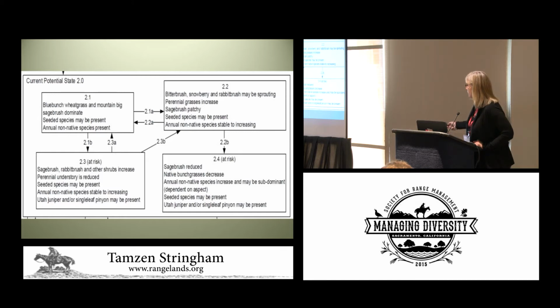So we put in this one here that we call the 2.4 phase, because we were on that site. The native bunch grasses were there, but the annual non-native species were subdominant, but there was a lot of them. They weren't trace, but it also wasn't an annual state where we didn't really have very many native plants.